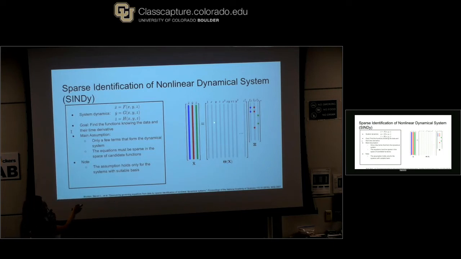So the idea is based on these coefficients. You look at the coefficients which are below the threshold, and if a coefficient is really small, we take out the function corresponding to that coefficient. So we make it sparse, and we keep removing the potential functions, and we end up with a dynamical system. But we have to note that the assumption holds only for a system with a suitable basis.